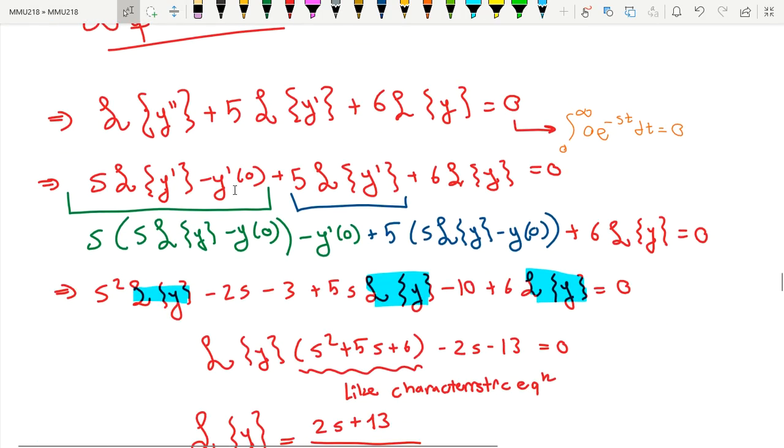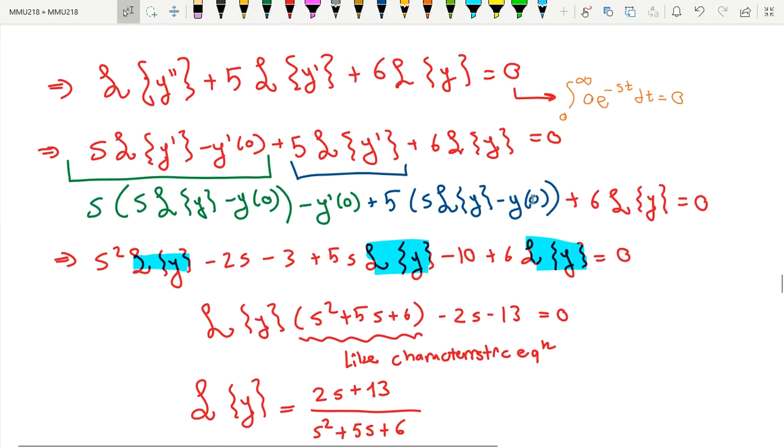Then continue with the 5: expand this y prime, 5 times s Laplace y minus y(0), and y(0) is 2, so 5 times 2 is 10, and it's minus 10 here.